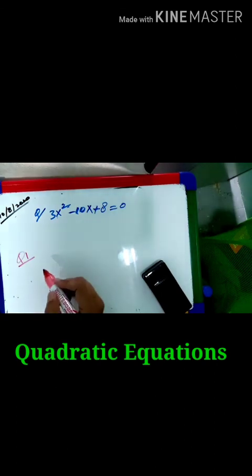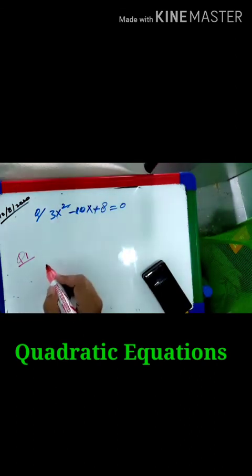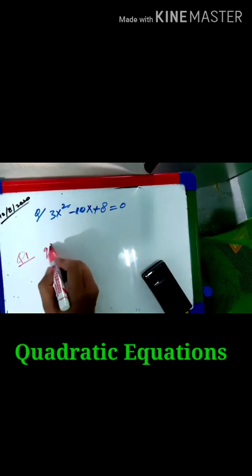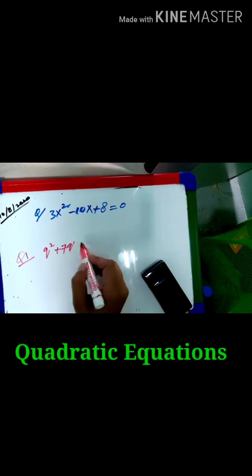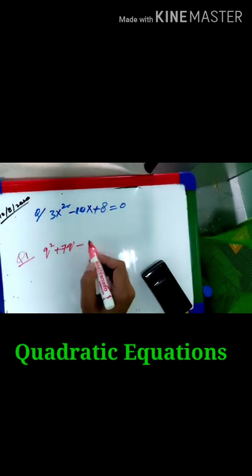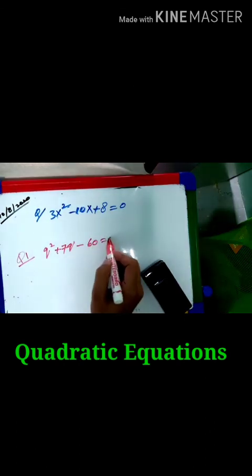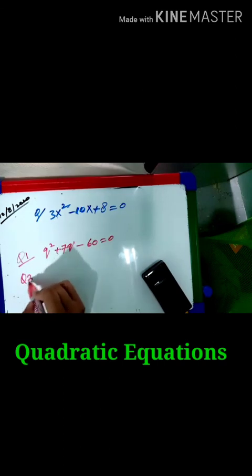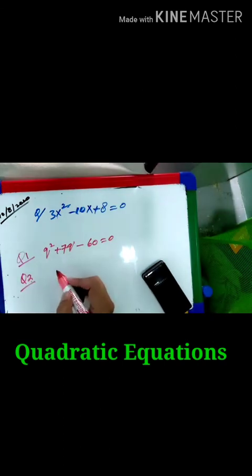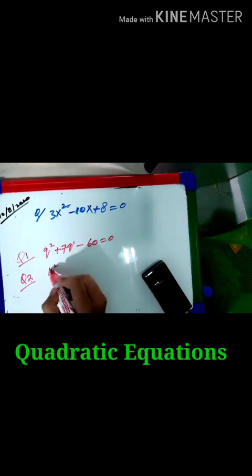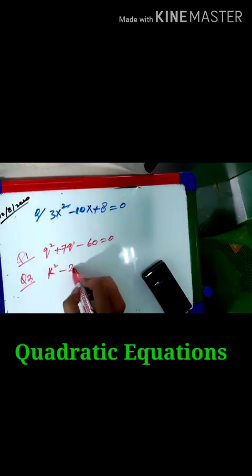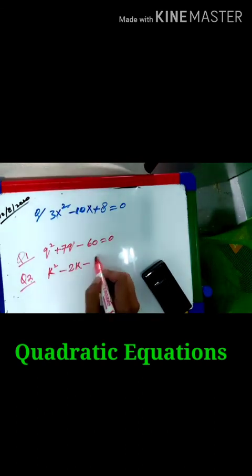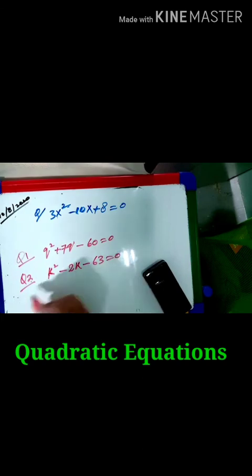Okay. So I'm writing more questions for you. Q square plus 7q minus 60 equal to 0. This is the first question. The second question is k square; you can make it x also. K square minus 2k minus 63 equal to 0.